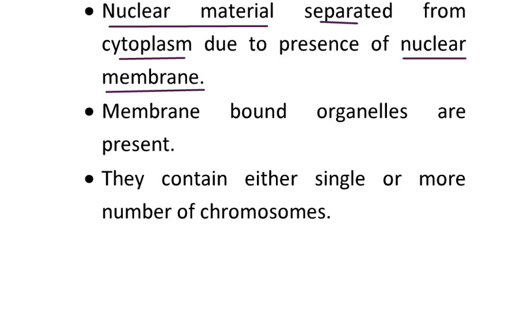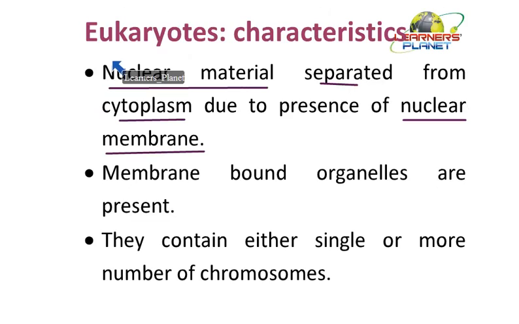The cytoplasm has just been separated from it. This organelle, the nucleus, requires a jelly-like substance inside, in which the nuclear material can be present. So what would that material be known as? It is nucleoplasm.